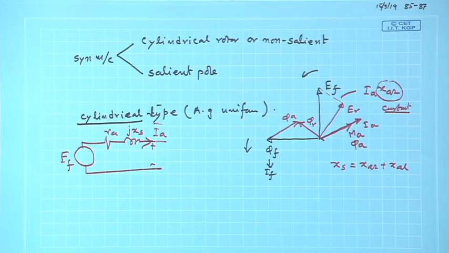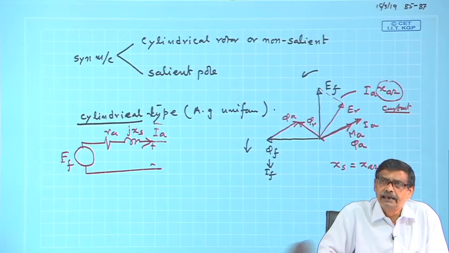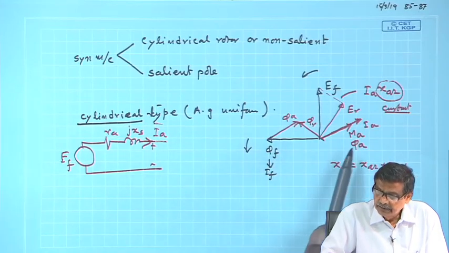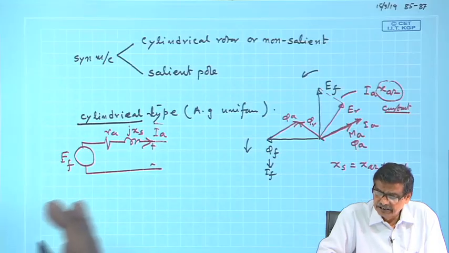So armature MMF, when the armature carries current, can be in any place in the air gap. But we have the advantage that the air gap is uniform. So, to calculate phi a, you have to divide this M A by a constant reluctance. So, everything was fine.